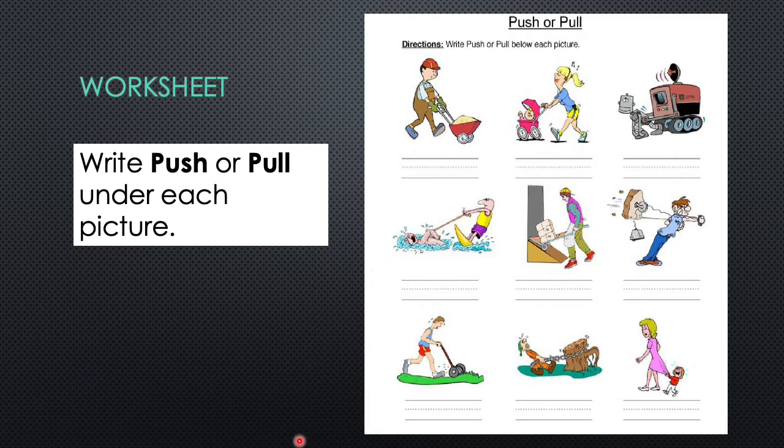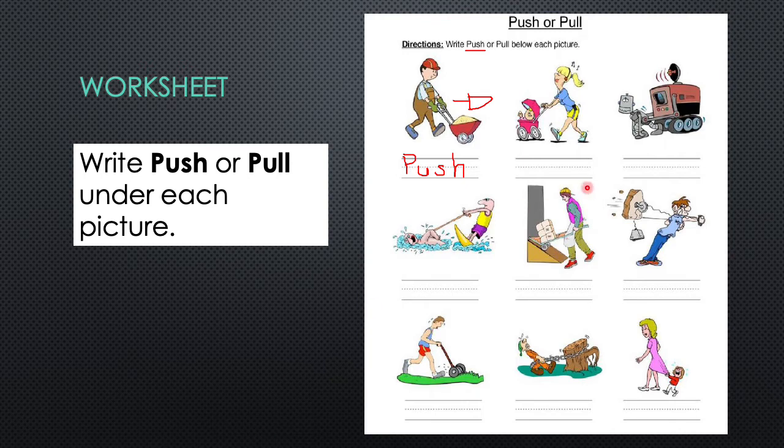Let's see. So he's moving it in that direction. So he's not moving it near him, he's moving it away from him. And when you move away, it is a push. So we're going to write push over here. P-U-S-H. And I would like you to do the same for each individual picture.